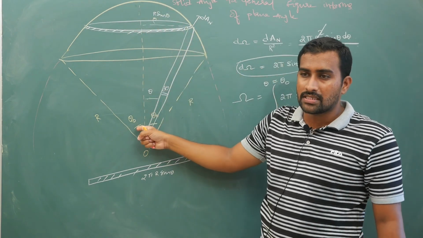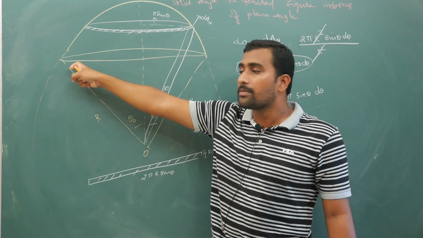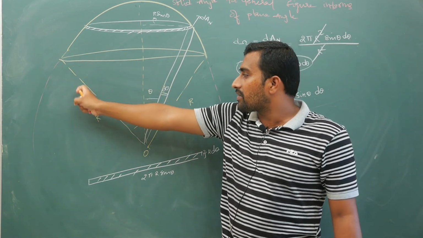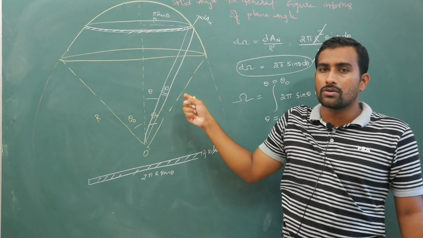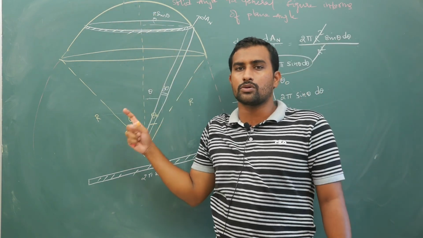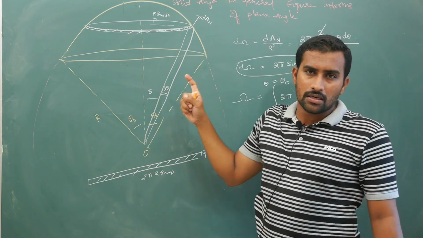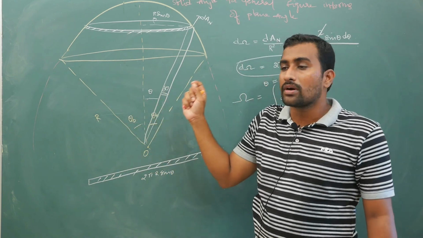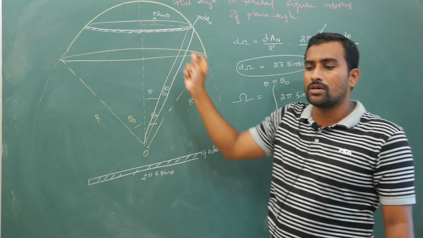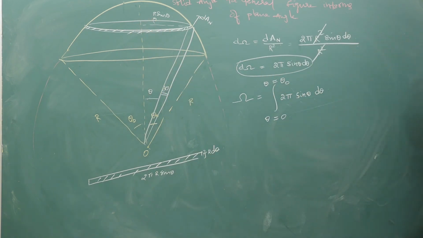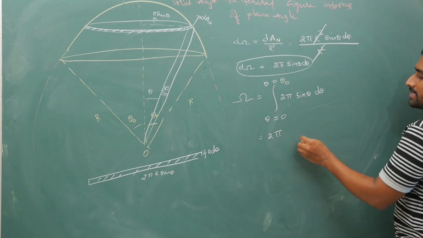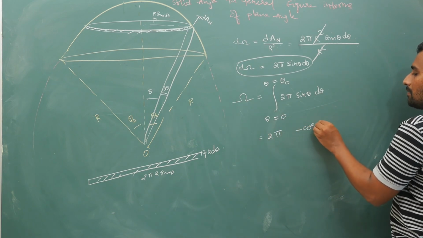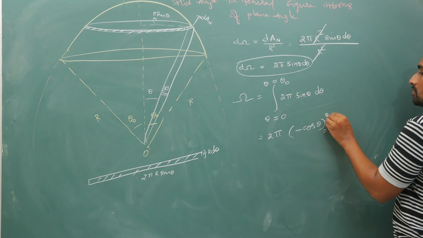Do not keep minus theta naught. If you are starting from minus theta naught, from minus theta naught to 0, you will take this area. Then once again from 0 to theta naught, you will come down. Twice you are supposed to do. So that is not correct at all. Your limits are only from theta equal to 0 to theta equal to theta naught. So accordingly this will become 2 pi times, what is integral of sin theta, it is minus cos theta from 0 to theta naught.